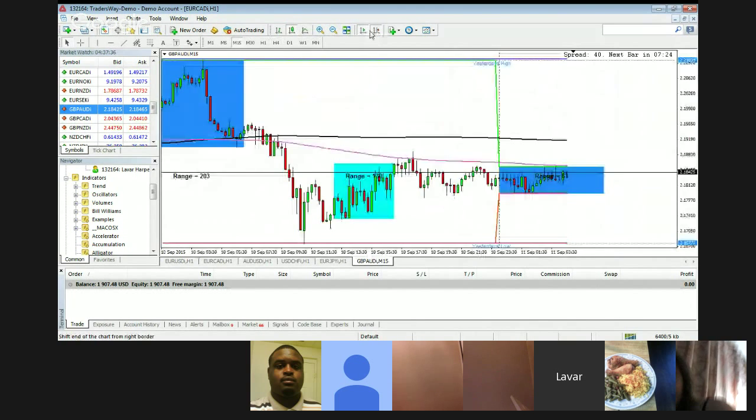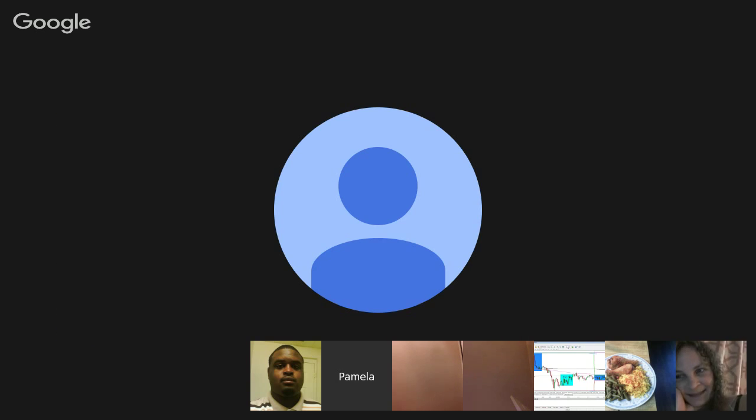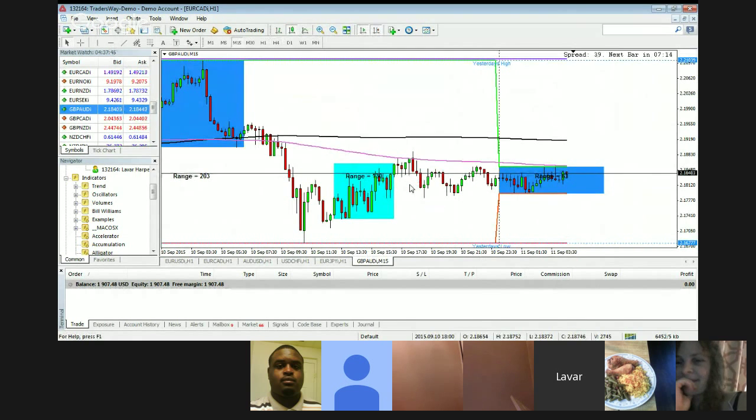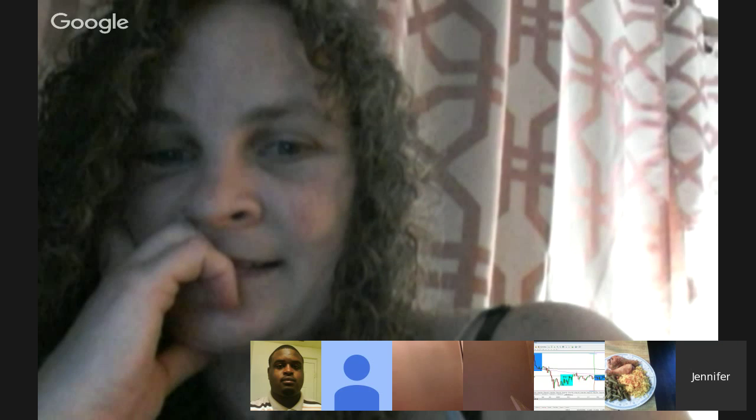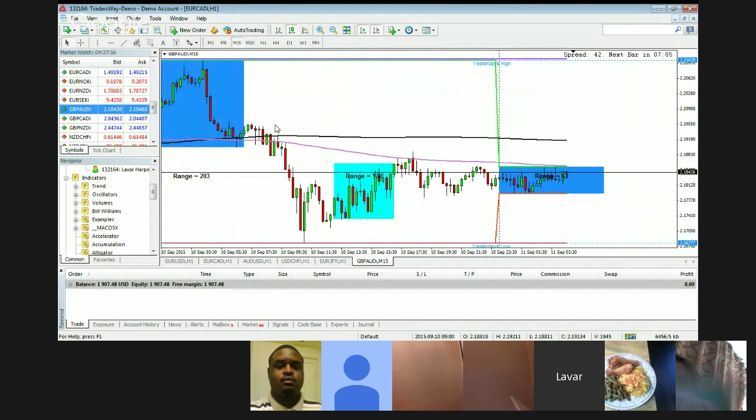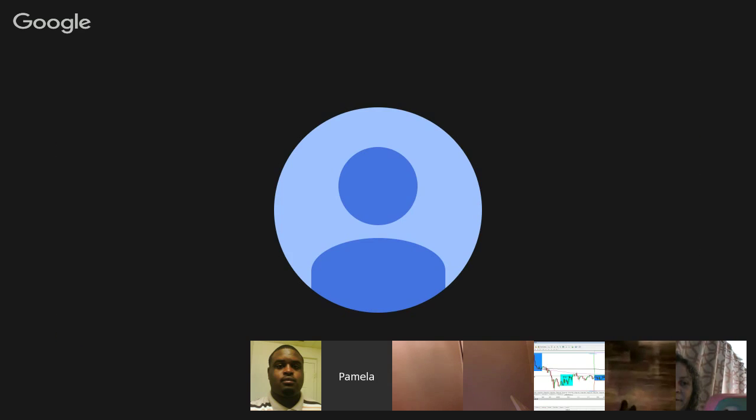My favorite pair is New Zealand Japanese yen. Oh yeah. What's the average daily range on that? I'm not exactly sure, but I know that was our first Forex trade ever, and I've stuck with it since then.